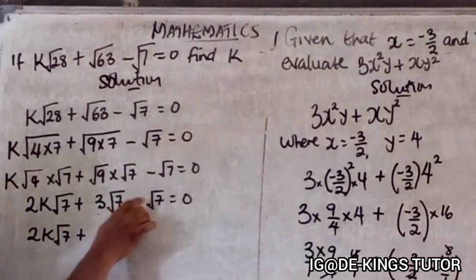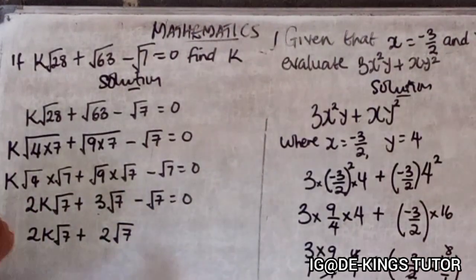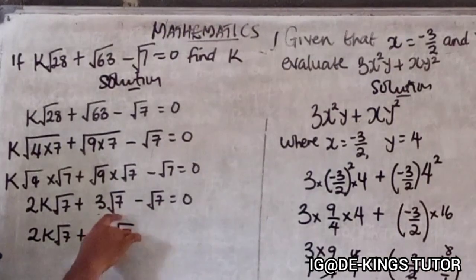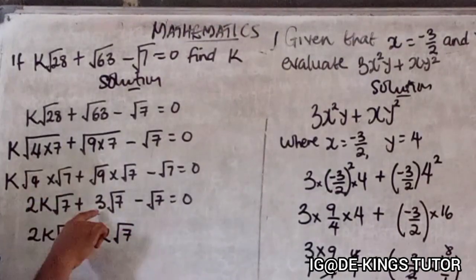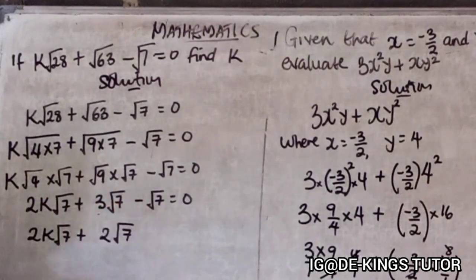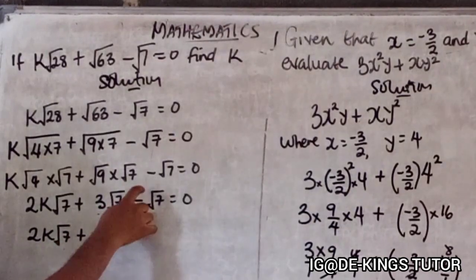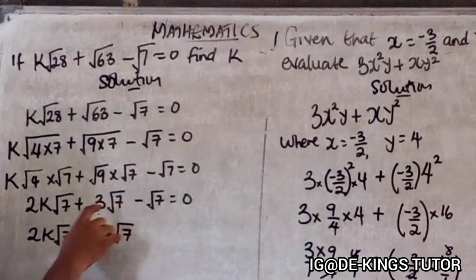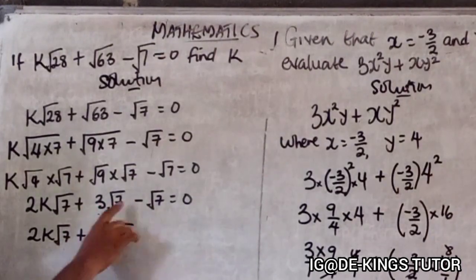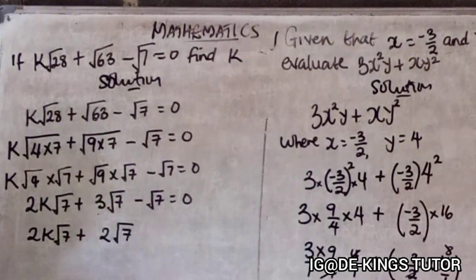So we have 2k root 7 plus 2 root 7 equals 0.